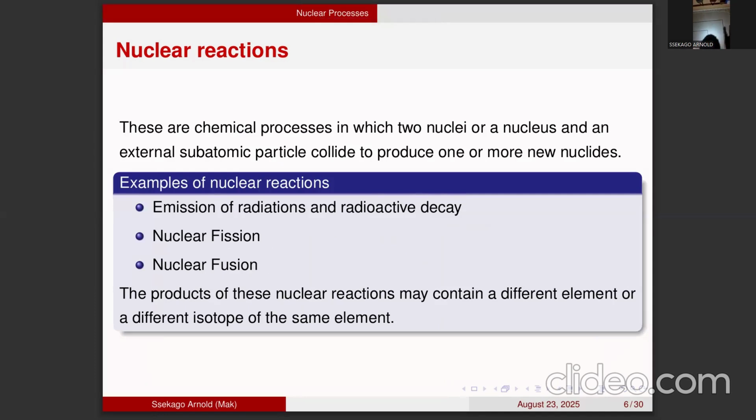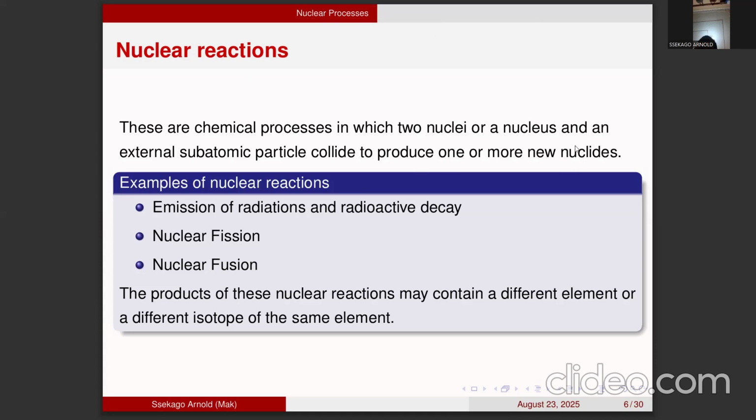Having given the introduction to nuclear processes, in this section we are going to explore the concept of nuclear reactions. Nuclear reactions are processes in which two nuclei, or a nucleus and an external subatomic particle, collide to produce one or more new nuclides.